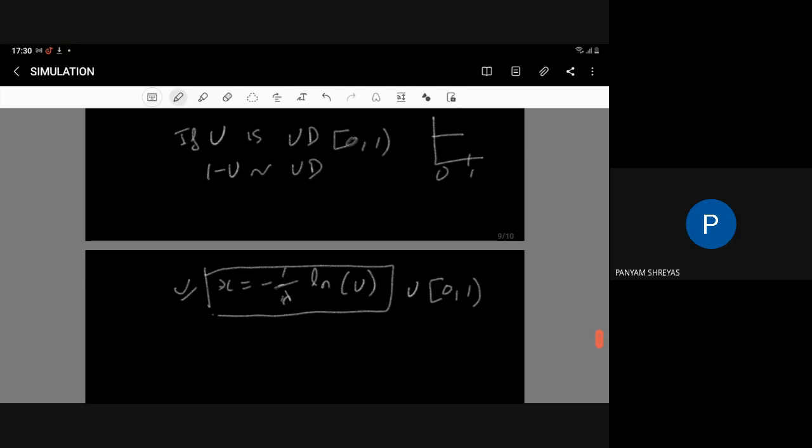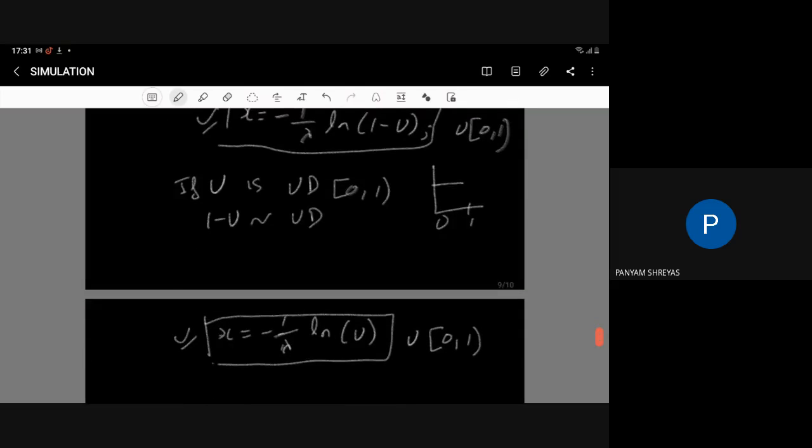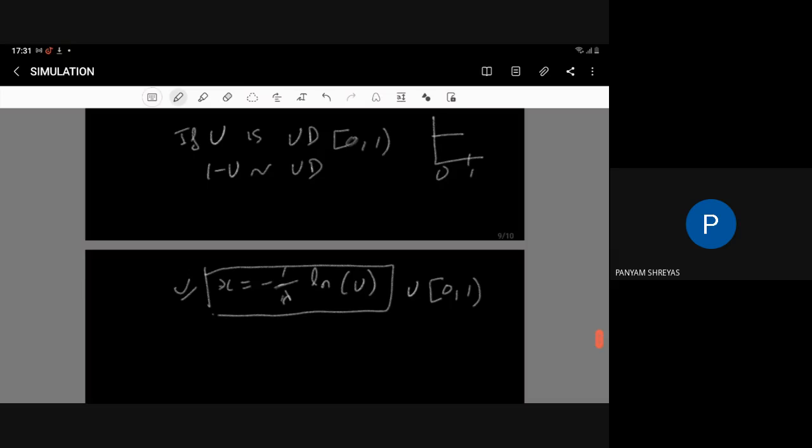Sir, how have we taken 0 included? Actually, 0 included we always have to take. Means here I am just demonstrating that u as well as 1 minus u both are uniformly distributed. Sir, but either the 1 you take will be included, but 0 will not be included, right? No. Because in case of simulation, log of 0 is not defined. In case of simulation, when we take a single digit random number, we take 0 to 9.